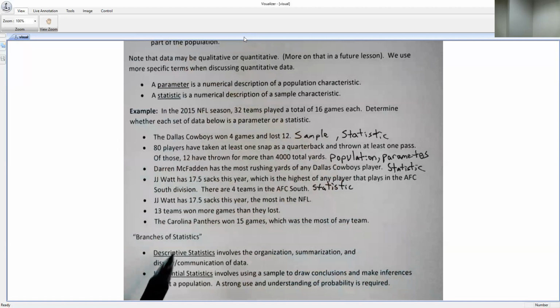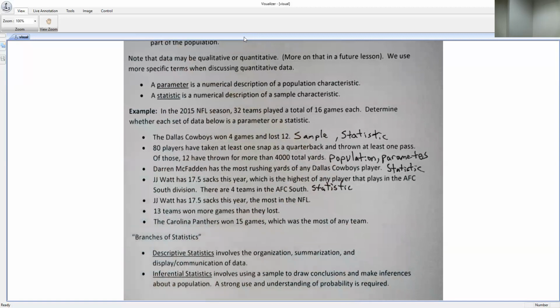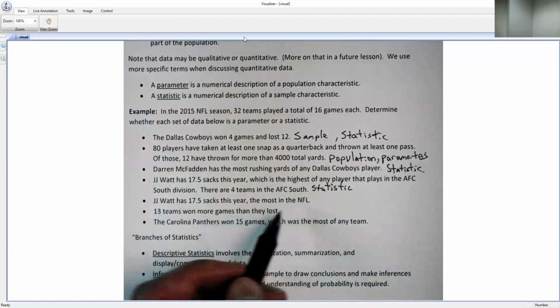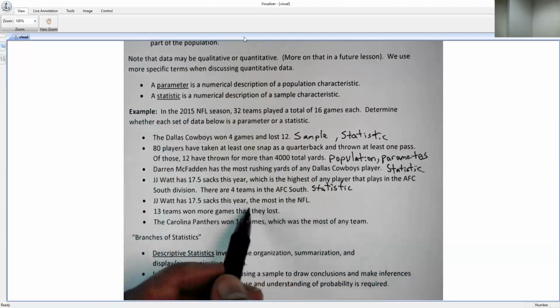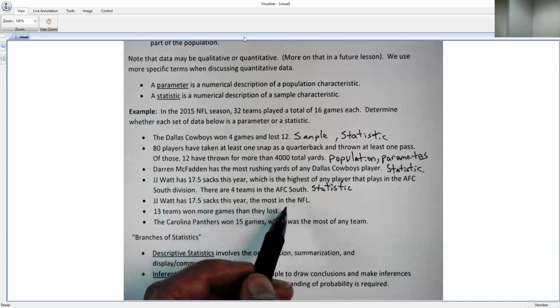Now, J.J. Watt has 17.5 sacks, regardless of which teams we're measuring. I mean, he's one player. He has a certain number of sacks that year. But the second clause, when I state that that's the most in the NFL, now I'm making a statement about all the games played and about all the teams. His sacks were the highest in the entire league, in the entire season.